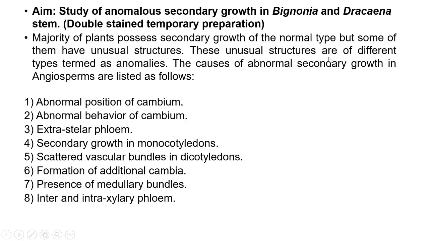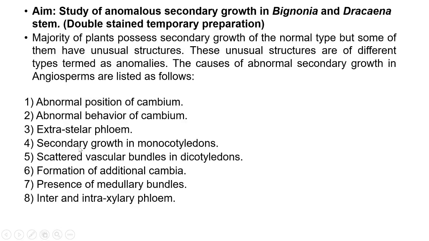These unusual structures are termed anomalies, or abnormal secondary growth, or anomalous secondary growth. The causes of abnormal secondary growth in angiosperms are listed. For example, abnormal position of cambium, abnormal behavior of cambium, extrastellar phloem, secondary growth in monocotyledons.